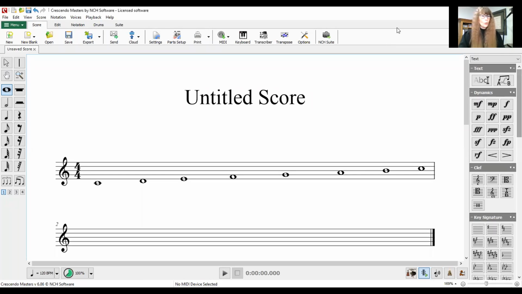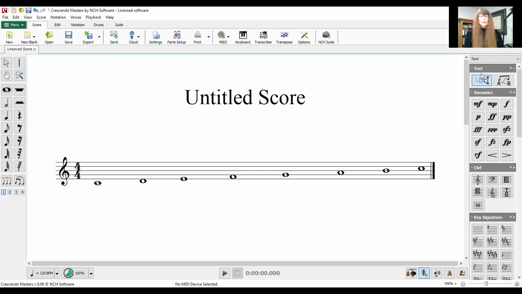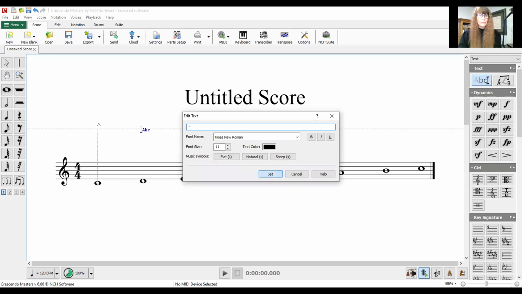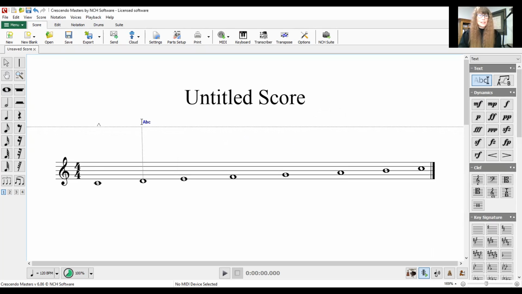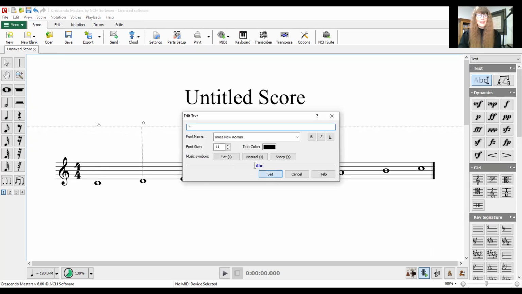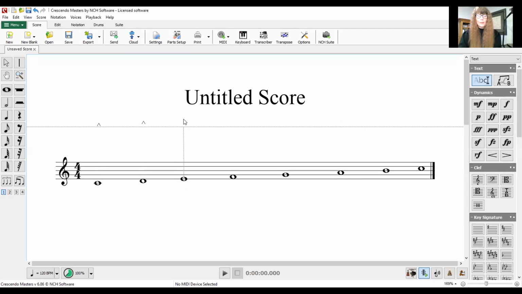Scale is 8 notes, and we're going to just grab text. When we're working with degrees of the scale and they ask you to mark in the degrees, you're actually going to use something called a caret, and we place that above each note of the scale. So I'm just going to put those in to start with so we can see what those look like, and they will go all the way up.